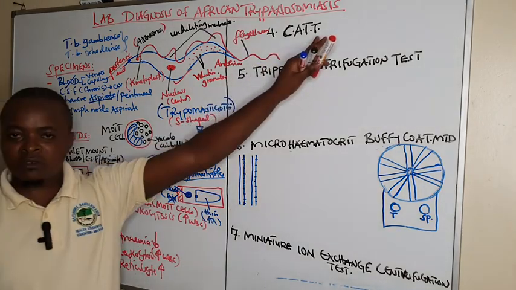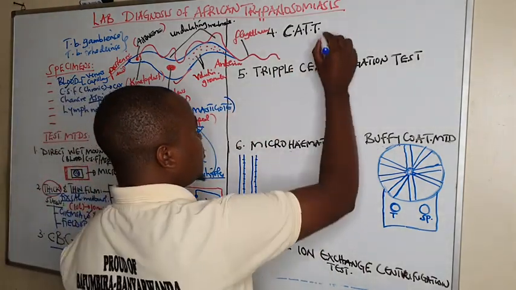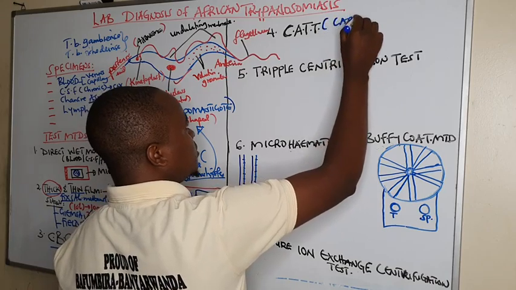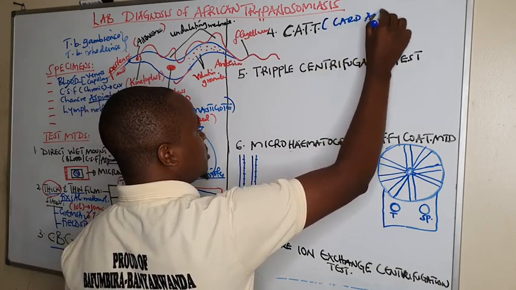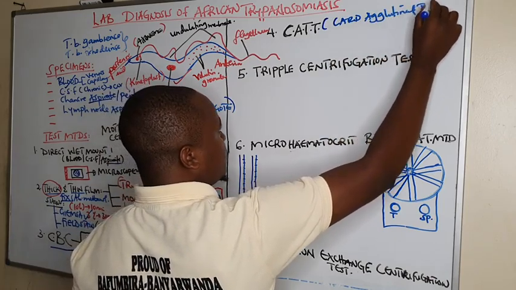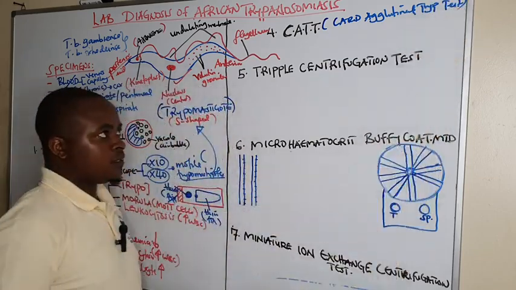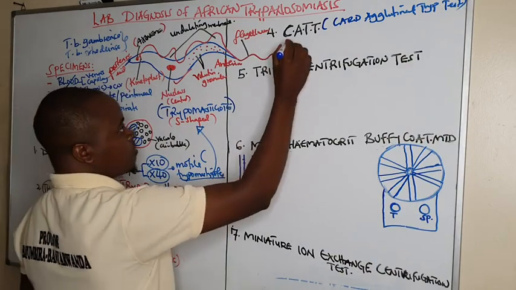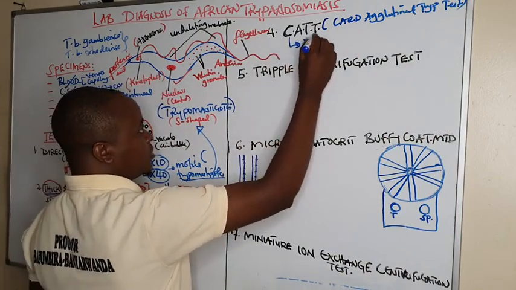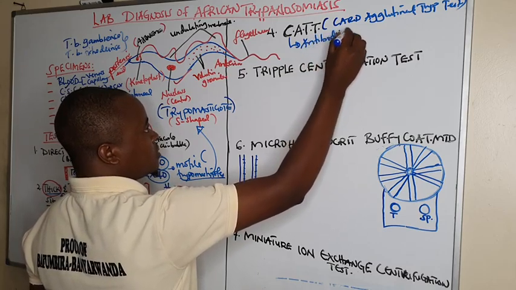Then there is the CATT, that is the card agglutination trypanosomiasis test. This test is looking for the presence of antibodies, which you can call immunoglobulins.